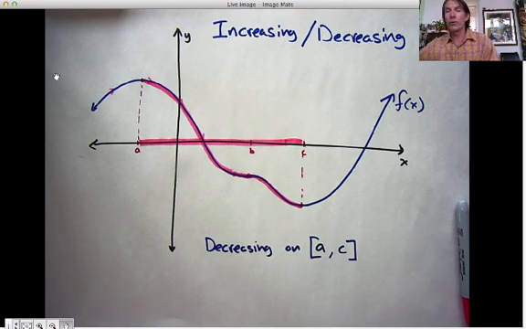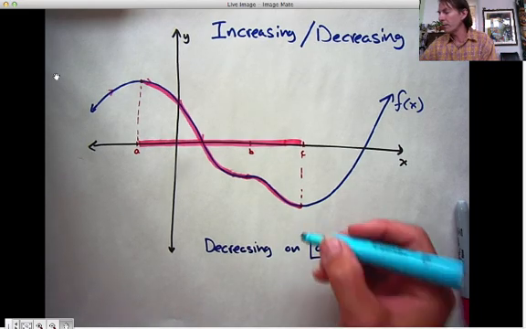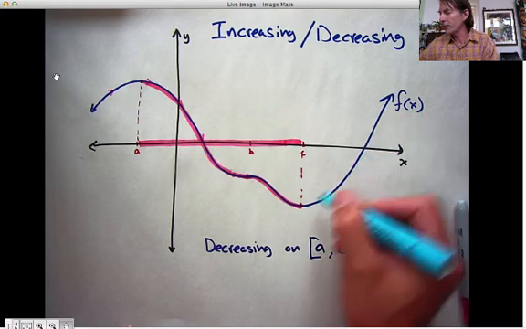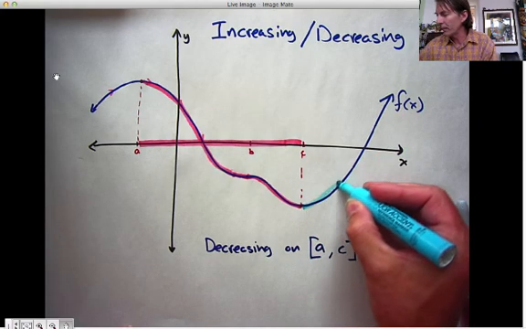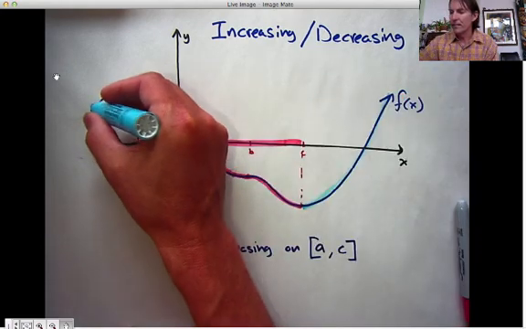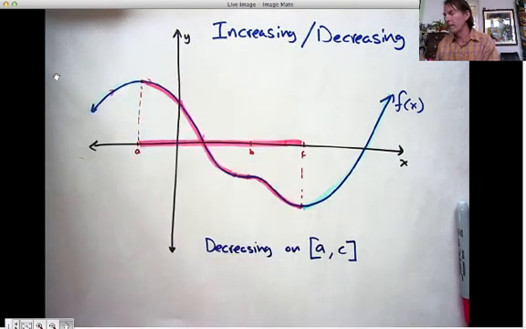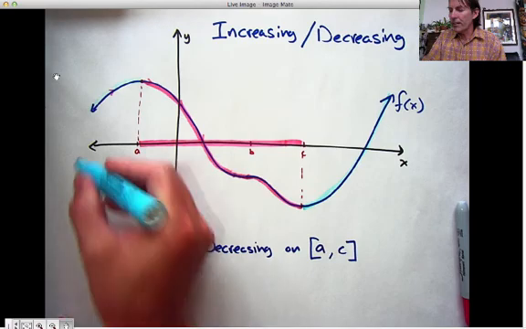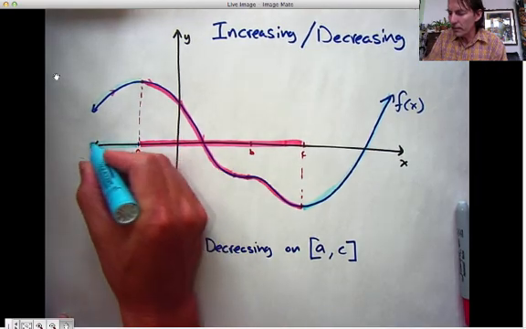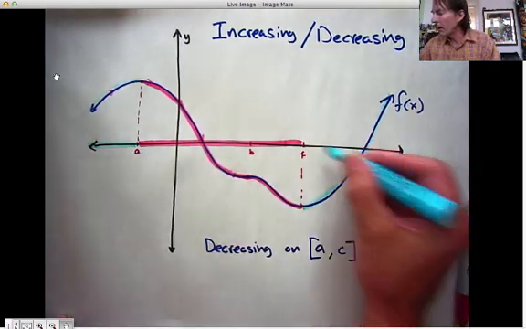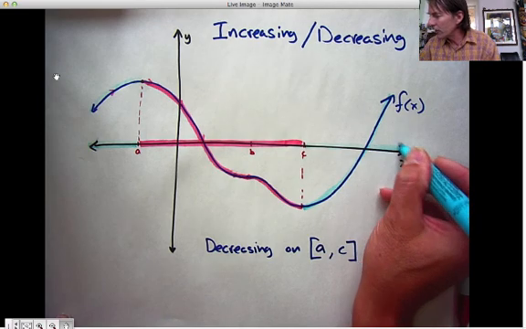Now if I want to look at where it's increasing, it's just the opposite. Remember, I'm still going left to right, so it looks like it's increasing over here, and it's actually increasing over here, right? So left to right, it's increasing there. Those x values are where it's increasing.